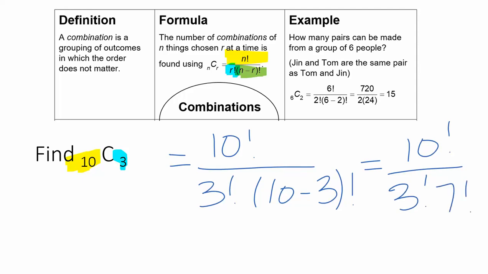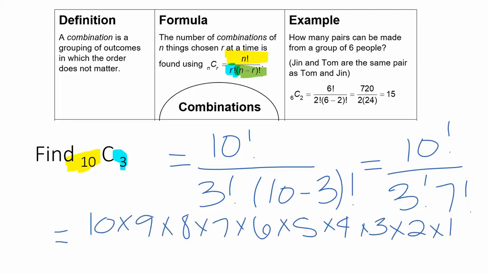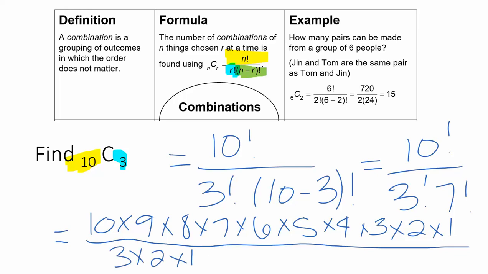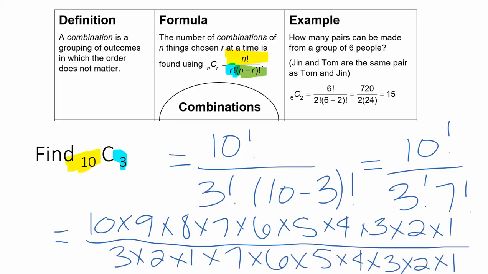Now on your calculator, this would get to be large numbers. Your calculator might not be able to handle it. So we're going to simplify it down. Let's write out what 10 factorial is on the top. So 10 factorial was 10 times 9 times 8 times 7, all the way down to times 1. Then on the bottom, I have 3 factorial, 3 times 2 times 1, times 7 factorial.